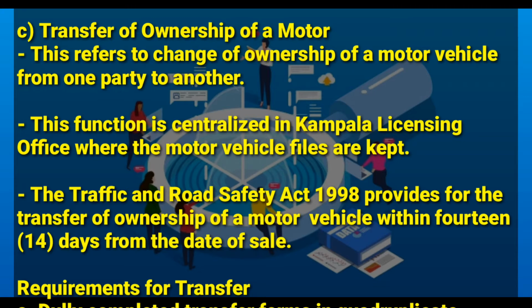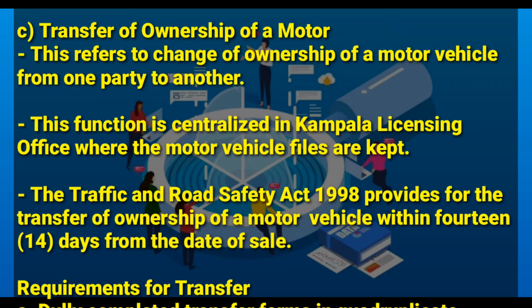The Traffic and Road Safety Act 1999 provides for the transfer of ownership of a vehicle within 14 days from the date of sale. So when you're transferring your vehicle from you to someone else, you pay some charges. And those are non-tax revenues to the government.